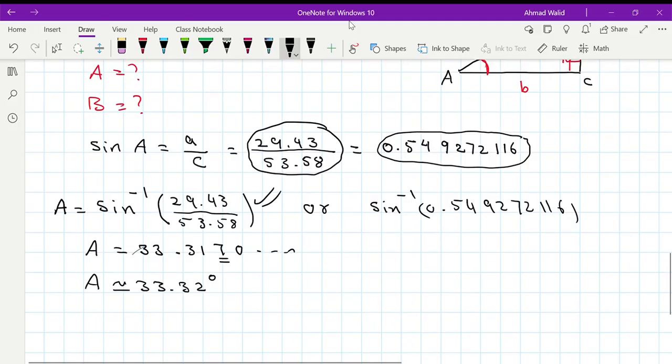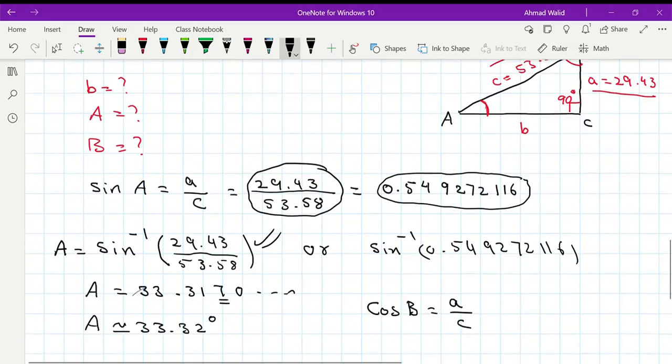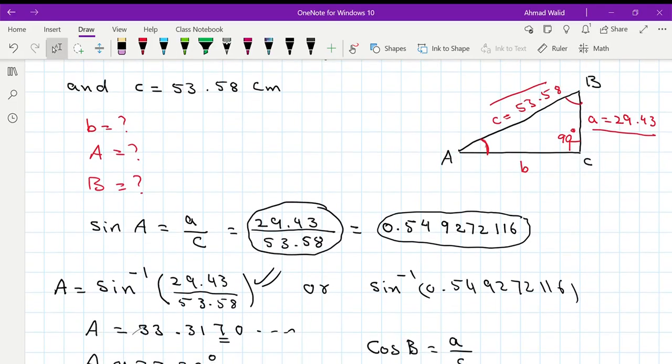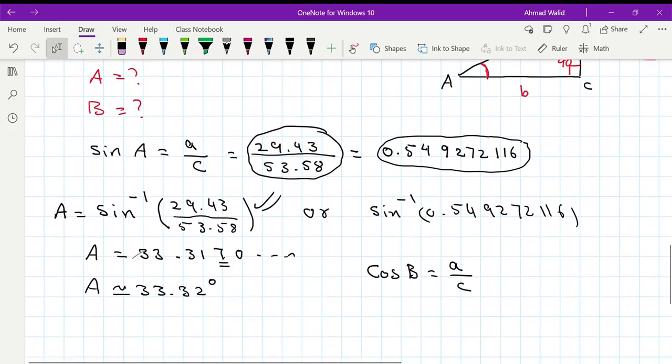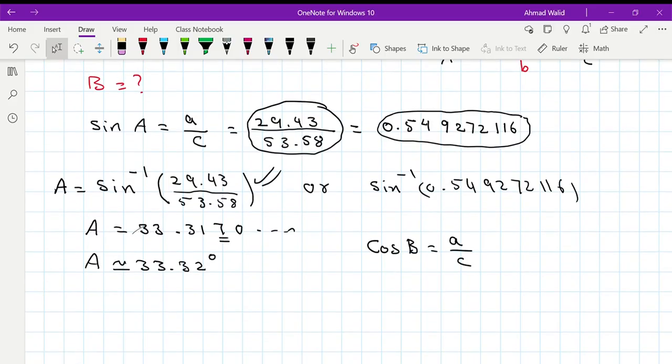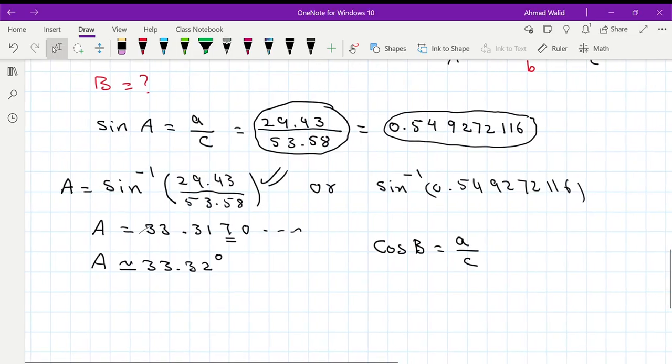I will say cosine of angle B equals A over C, correct? A over C. Or if you have a little more practice, you can use the co-functions method that we had a lecture on. But the easy way is to use the cosine of B.